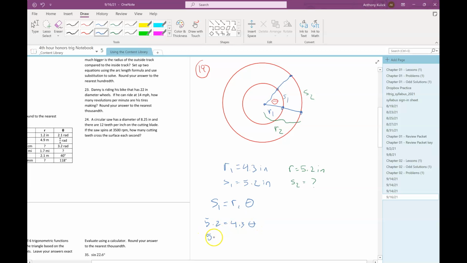And just for the sake of simplicity, I'll get my answer in radians. It doesn't really matter, but it makes the formulas easier to deal with. So there's my answer for theta. Now, since it's the same theta, I can use that theta along with my value for R2 to solve for S2.